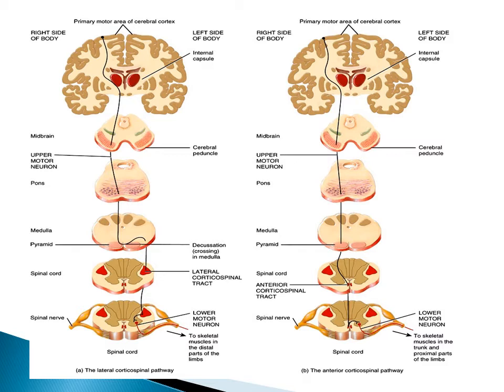From its synapse in the spinal cord in the ventral horn, these first order neurons synapse with lower motor neurons, which then continue the willful impulses from consciousness out to the skeletal muscles in the trunk and to parts of the limbs. The anterior corticospinal pathway would project to skeletal muscles in the proximal parts of the limbs, and the lateral corticospinal pathway will project to skeletal muscles in the more distal parts of the limbs.